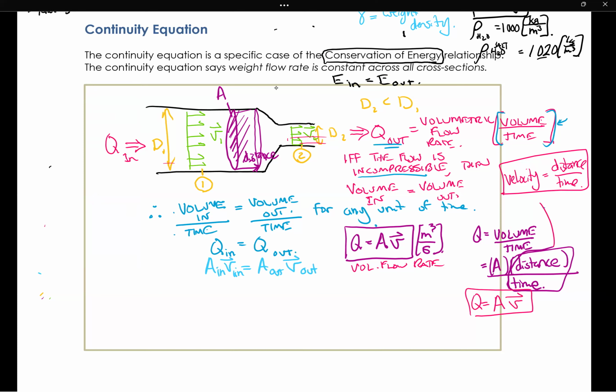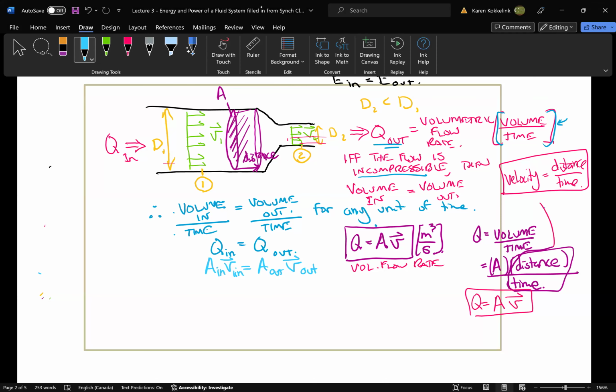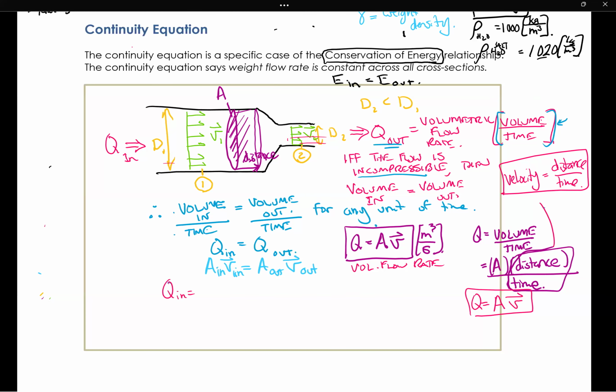That is a really handy relationship: as area changes, velocity is going to change. So I'm always writing Q in is going to be A in V in equals A out V out, because that's my Q out, which equals the Q in the first place.